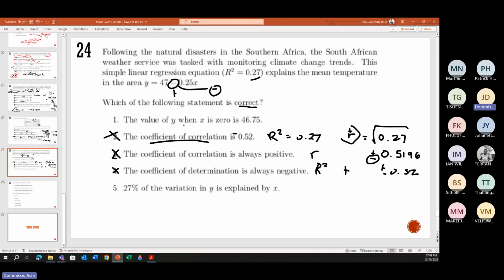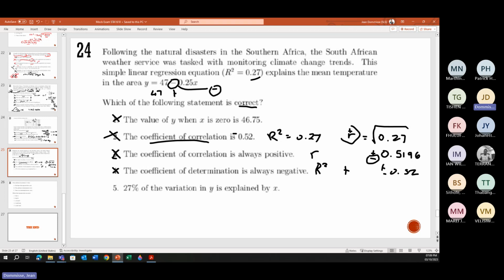The value of y when x is 0. So when x is 0, the value is 47, not 46.75. So incorrect.